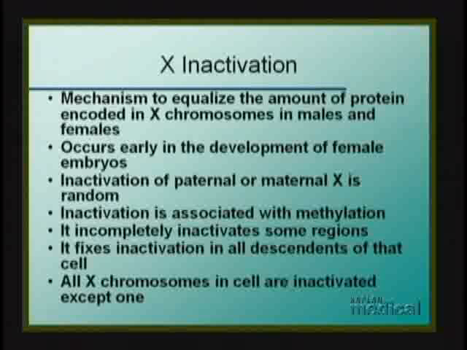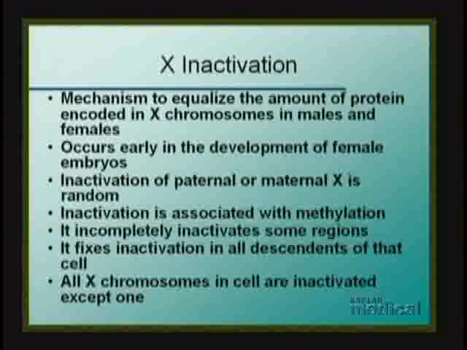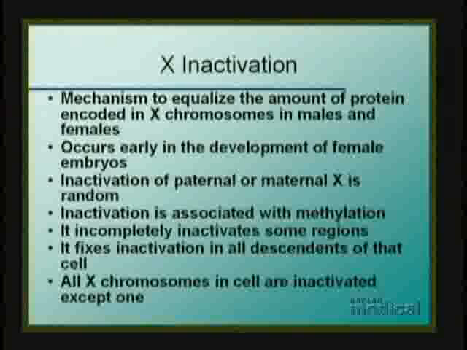That is, as that cell divides, it maintains the same pattern of inactivation that occurred early in development. So that in normal females, scattered throughout their bodies, roughly in half of the cells, the X chromosome that came from the father is turned off, and in the other half of her cells, the X chromosome that came from the mother is turned off.